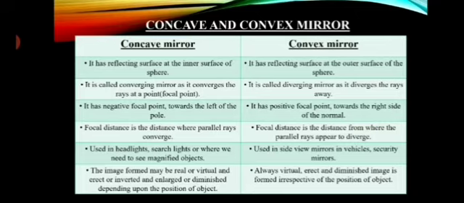According to the sign conventions, any distance measured from the center of the lens or mirror towards the left side, and downwards, is considered negative, whereas distances measured towards the right side of the lens or mirror, and above it, are considered positive.